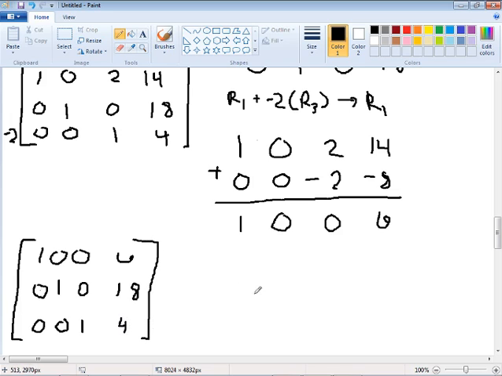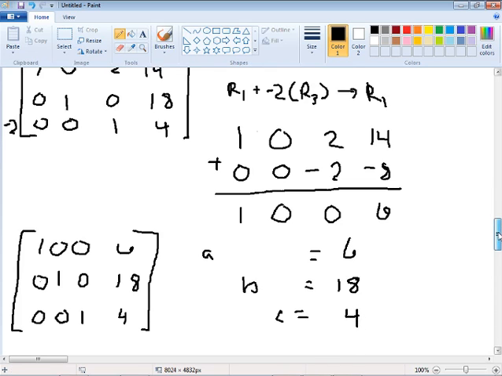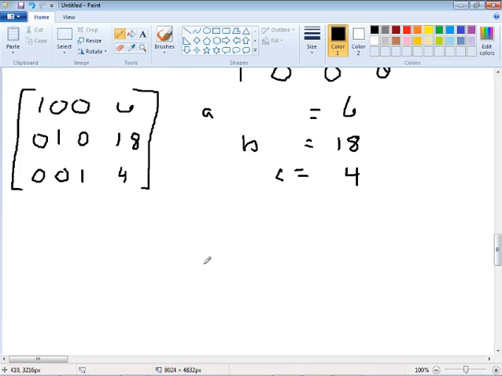So if we put this in equation form, we would have A is equal to 6, B is equal to 18, and C is equal to 4. If we were to put those back into our original equation that we're looking for, 2A times 2B times 2C, we're going to get 3, 4, 5, 6.